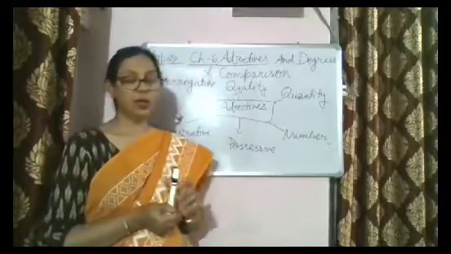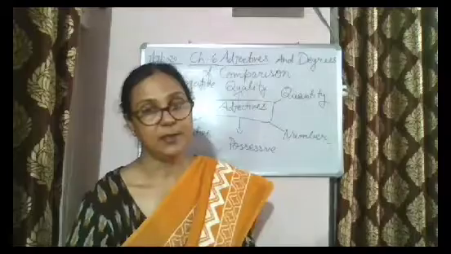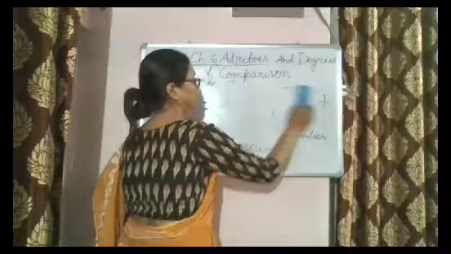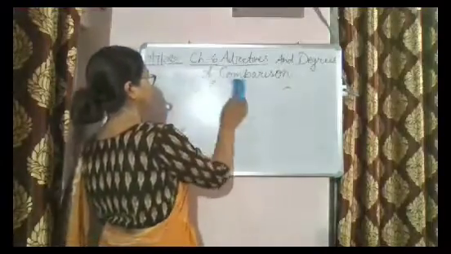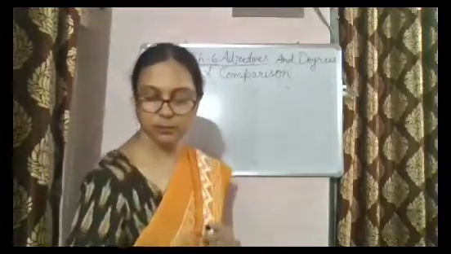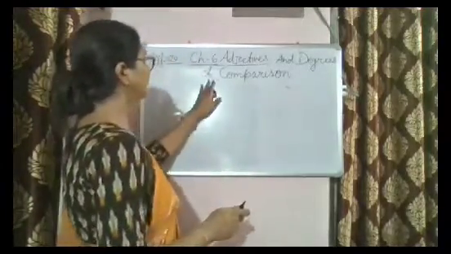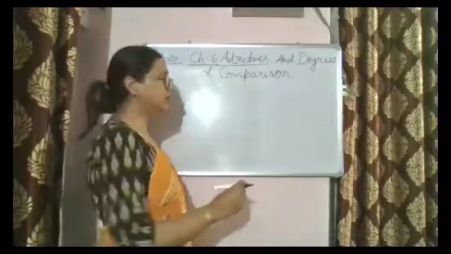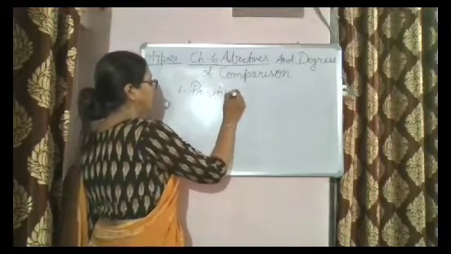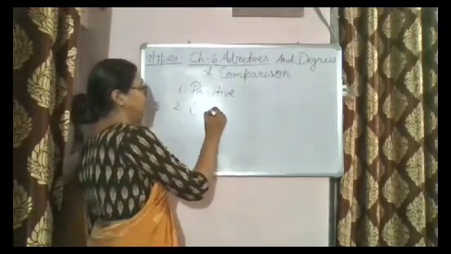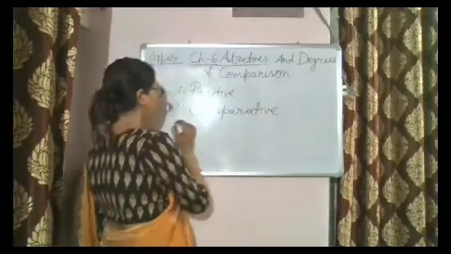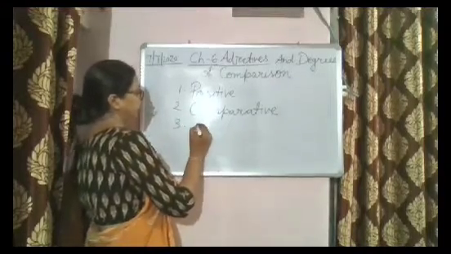Now let's move to the degrees of comparison. There are 3 degrees of comparison. First is positive, second is comparative, and third is superlative.